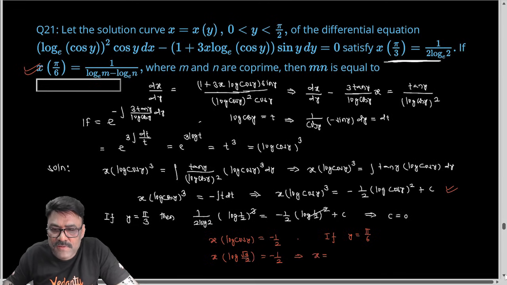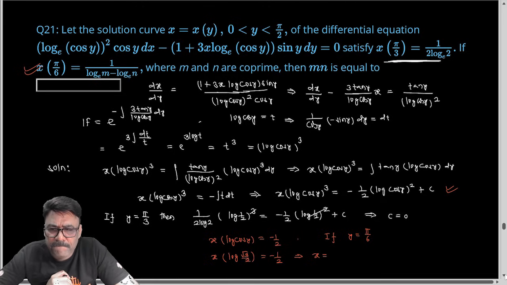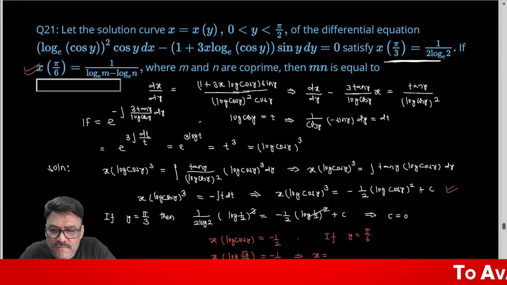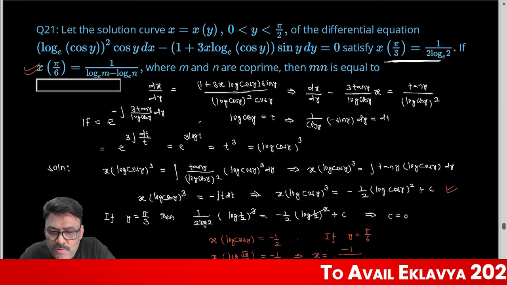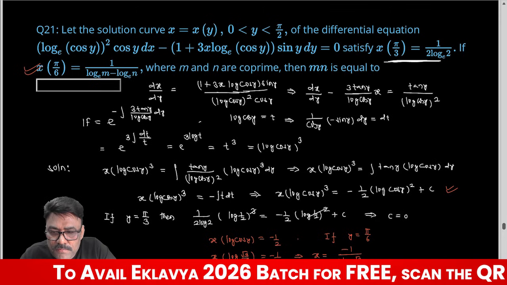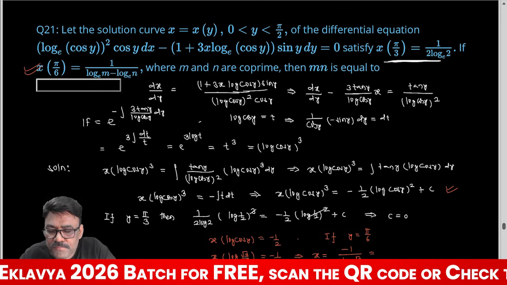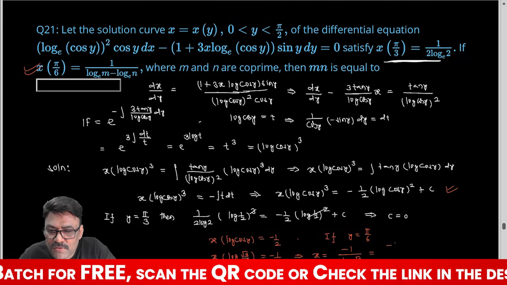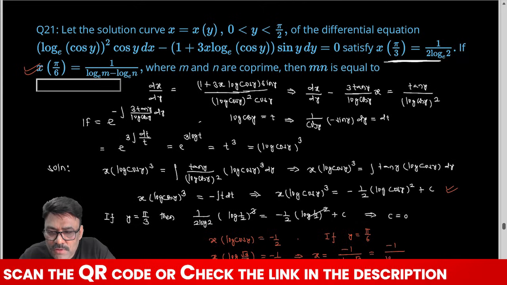x will be minus 1 over 2 log root 3 by 2, and this is minus 1 over log 3 by 4.